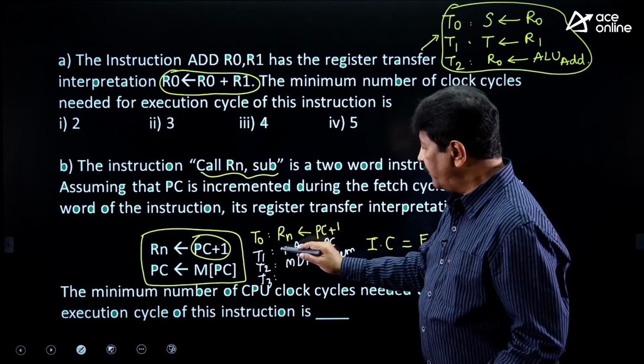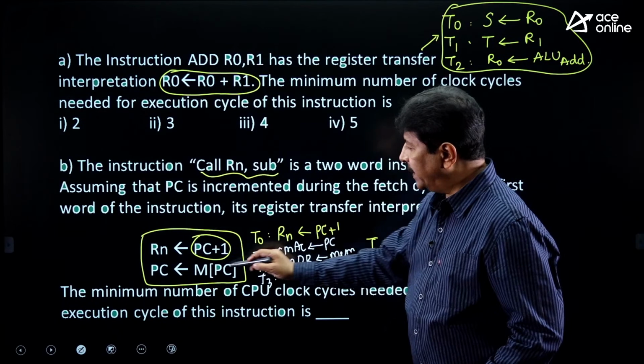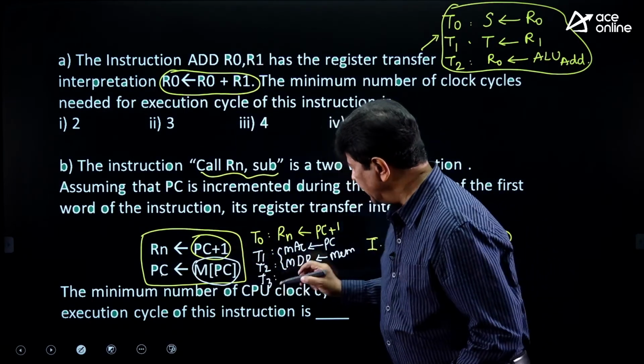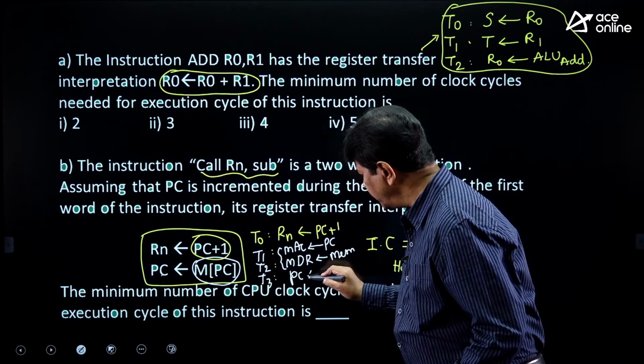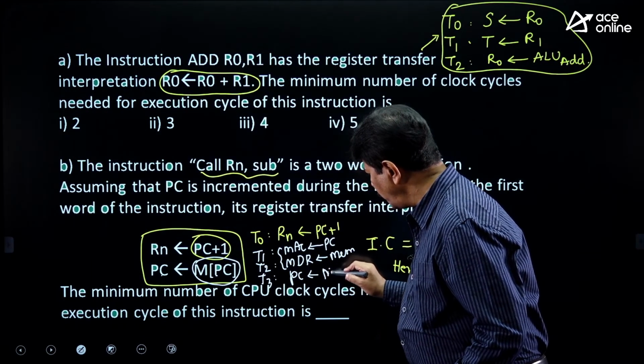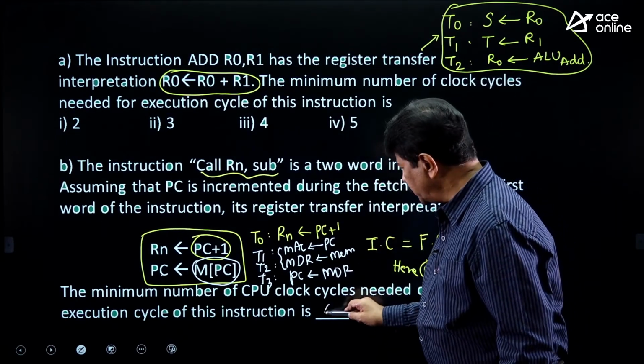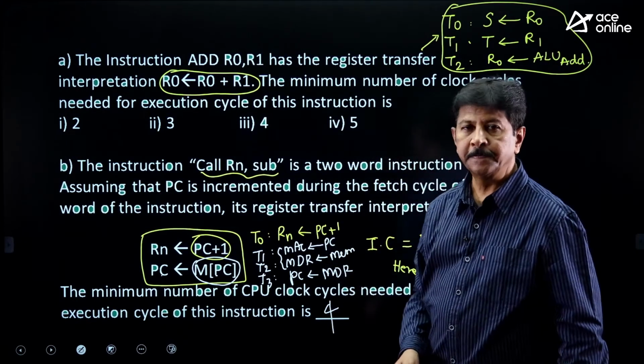So for the memory itself, it takes 2 clock cycles. Then finally, whatever value comes from the memory should be loaded into PC. That is the third one. That's it. So the answer to this question is 4 clock cycles.